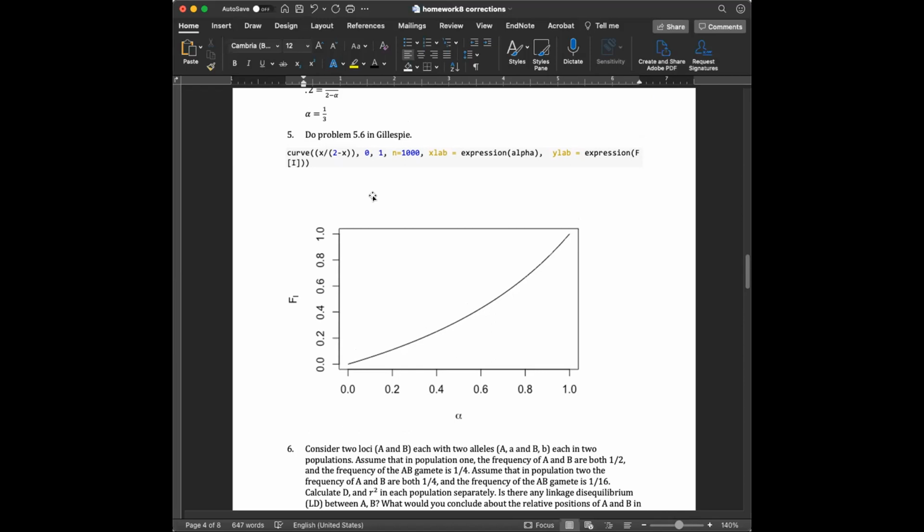And so essentially I just plug that in as a formula and graph it, the inbreeding coefficient as a function of the probability of selfing, and this is the graph.